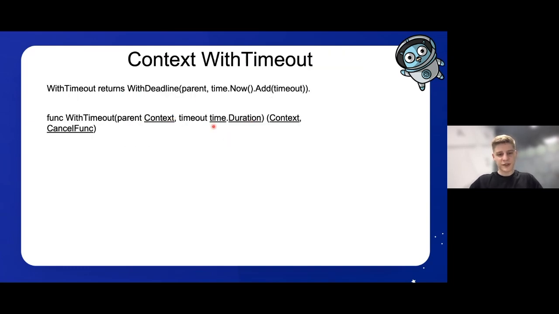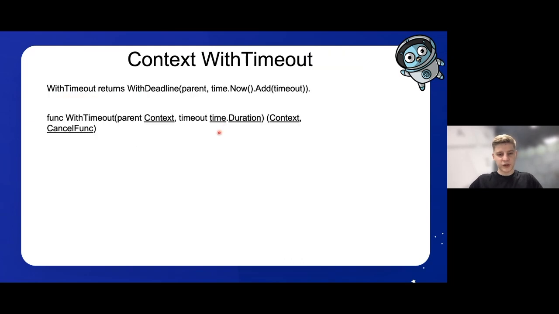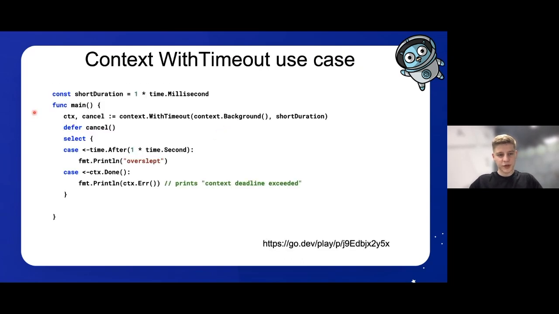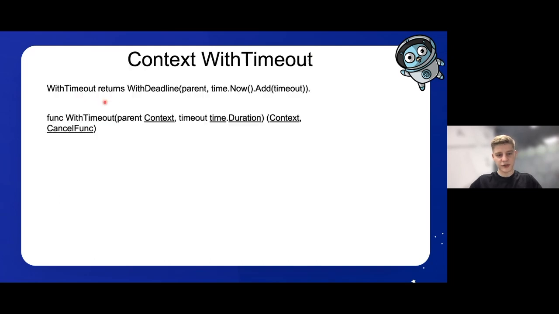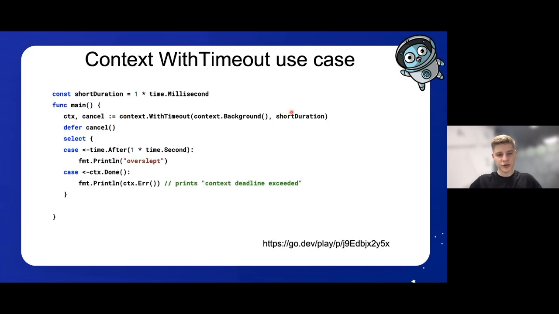So basically we can specify, for instance, 5 seconds, and then our Go routine will work no more than 5 seconds, and then we'll get context done and finish its work. All right. And yeah, quite the same example, but as you can see here, I don't need to create this duration variable. I'm just directly adding the short duration constant inside of the function, do some work, and yeah, finish it.